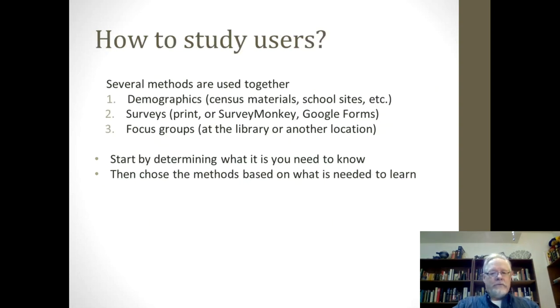Now, how to study users. This is a very interesting concept in itself. There are several methods that you can use, and most are used together. There are demographics, where the people live and different things, and that can be found through predominantly census materials and school sites.